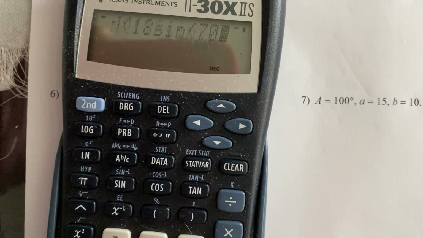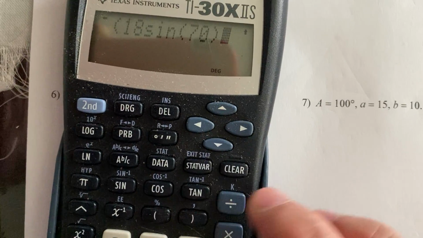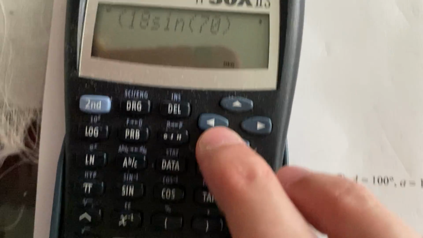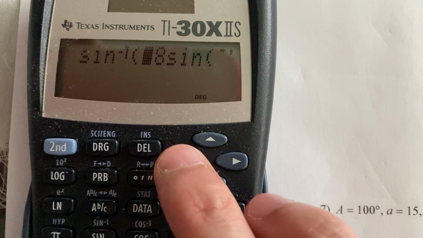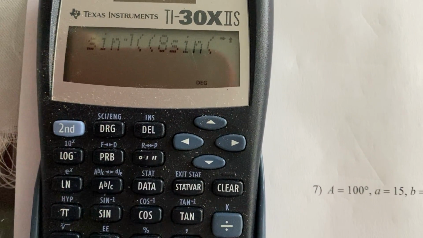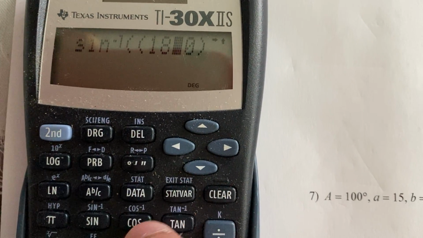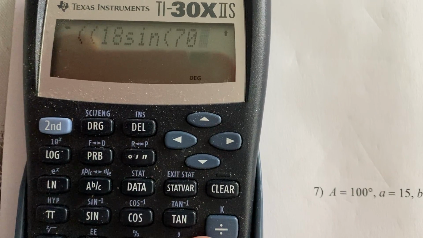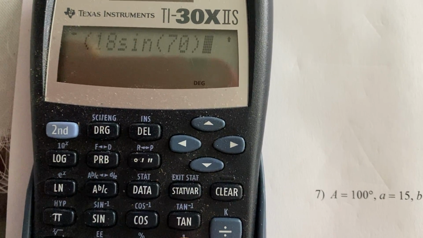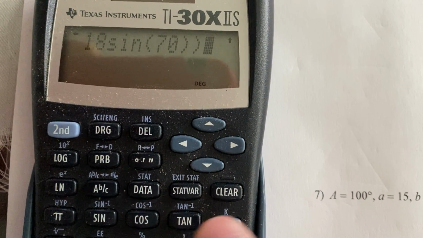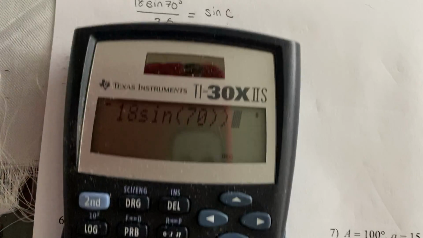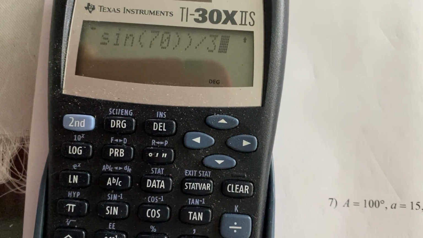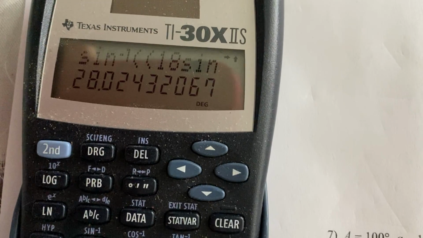Actually, I should probably insert some parentheses over here. 18 sine 70, divided by 36. So angle C is going to be about 28 degrees.